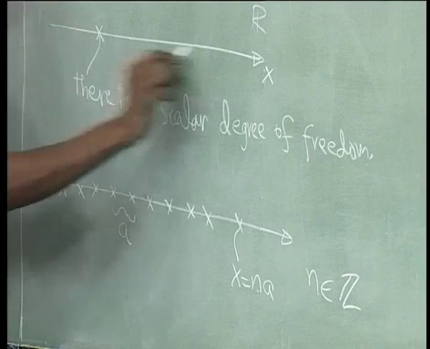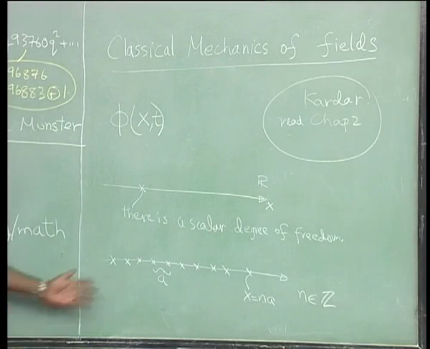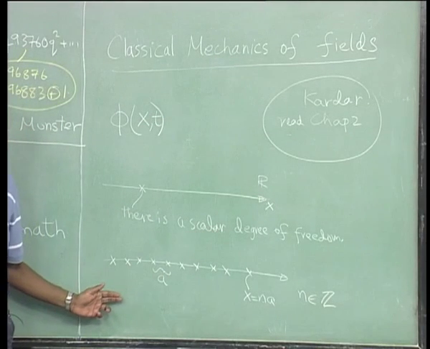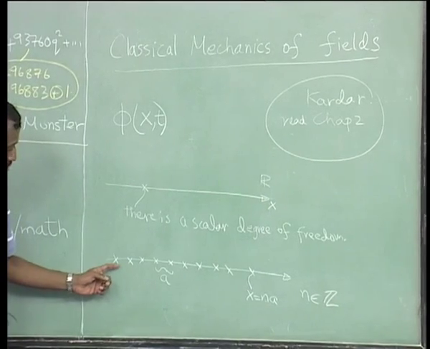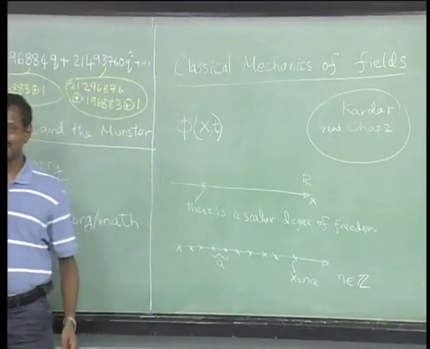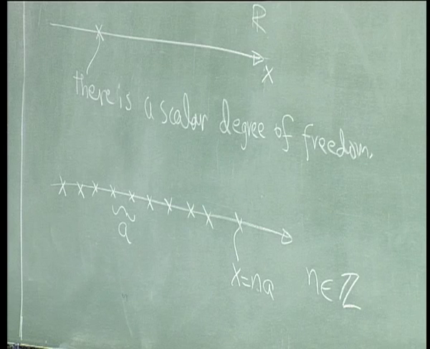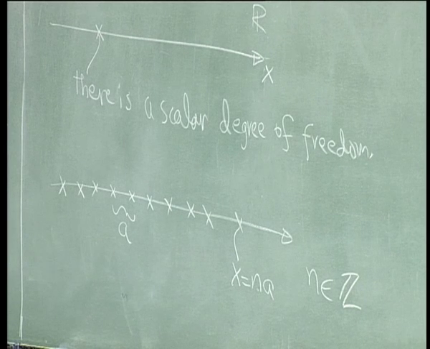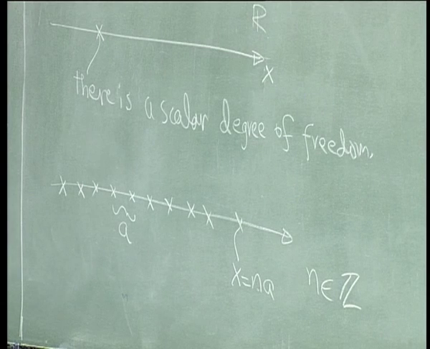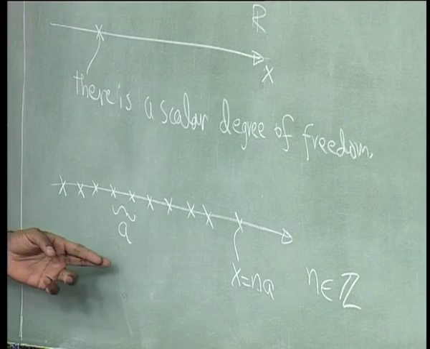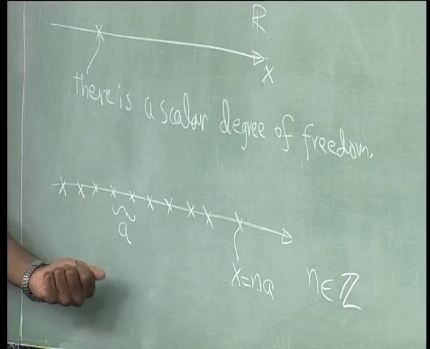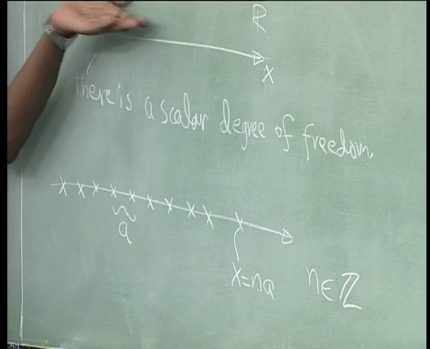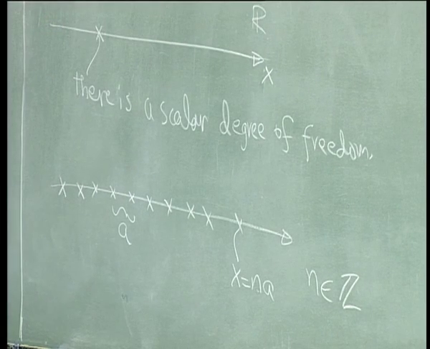If you believe that there is translation in the x direction, clearly it is broken down to the discrete set of translations in this one dimensional lattice, by units of a. But what we have in mind is that later we will take a to 0, so that the spacing goes away, and hopefully we will recover this sort of symmetry.